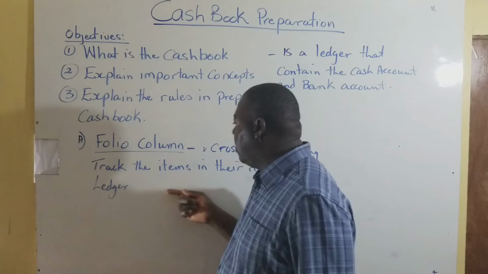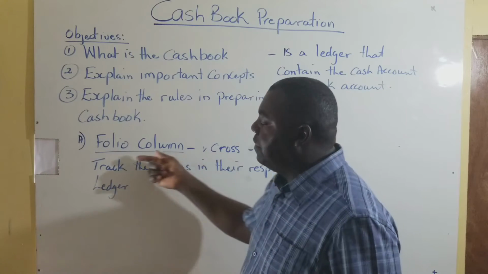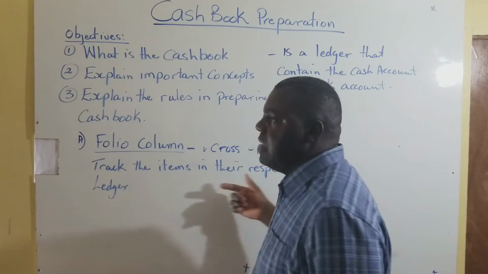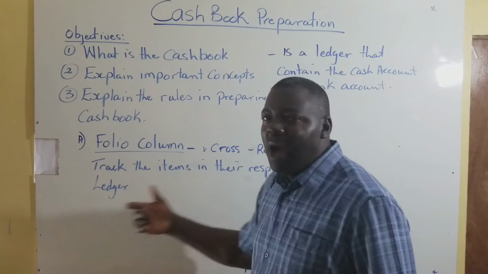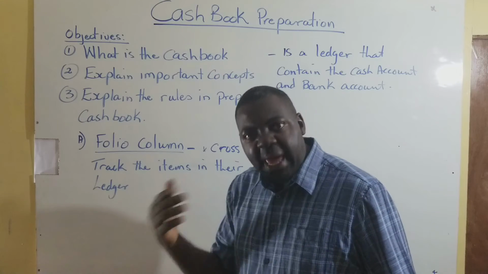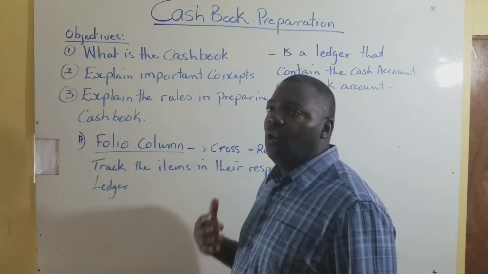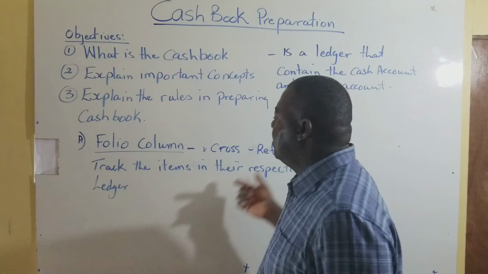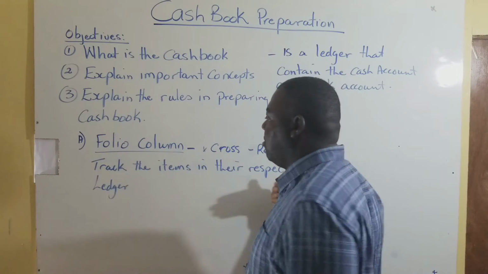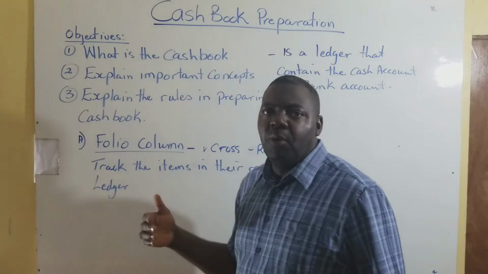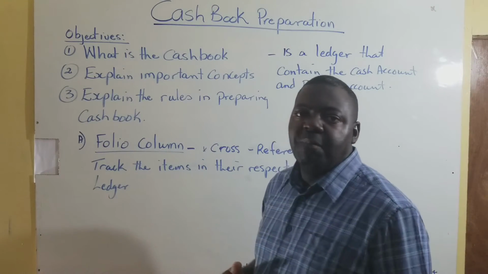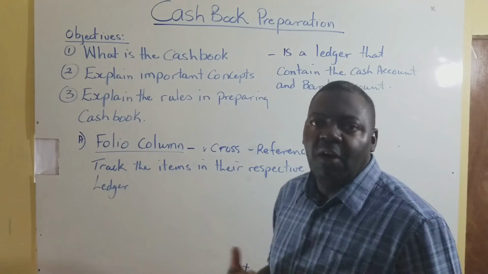So when we use the folio in the cash book, we can cross-reference to make sure who had paid us and to what extent they have paid off all that they owe us. Yes? So that is why the folio column in the cash book is most important, in order to cross-reference to determine what is happening in the other ledgers.